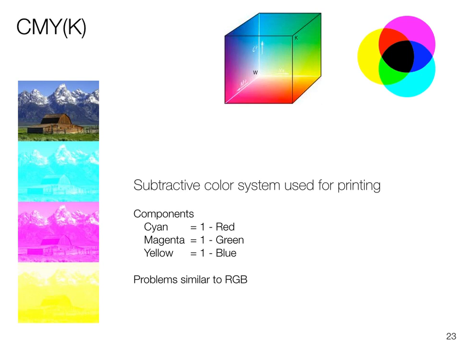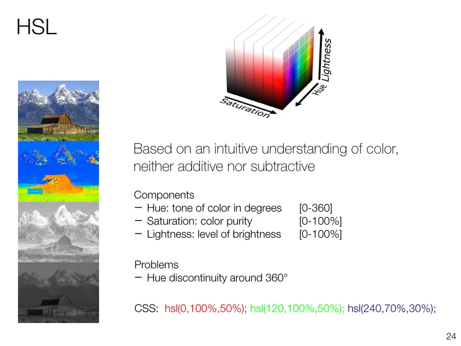Now, there's a family of color systems that are more centered around intuitive understandings of color. So this is neither additive nor subtractive, but they try to use something like hue, saturation, and lightness or brightness. There's HSL and HSB. So here we have the HSL color model, and it basically takes three values.